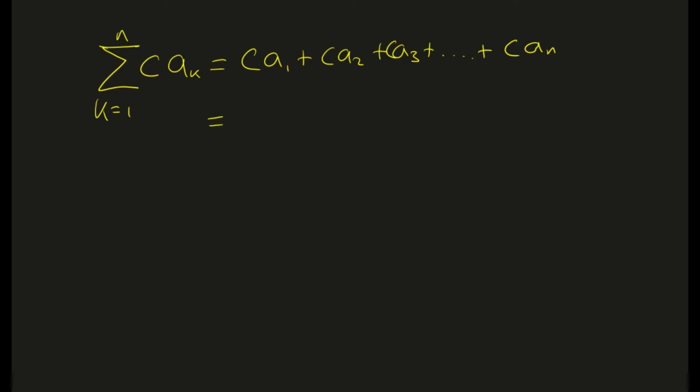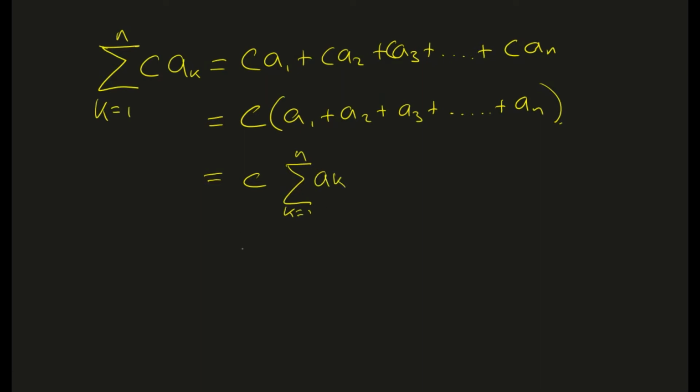But because they all have that c, we can factorize. We can pull out the c, and so we're going to have c times a1 plus a2 plus a3, all the way up to an. And of course, that thing in that bracket is just our original sequence. So we can certainly say that this is the sum between k is 1 and n of ak times that c.